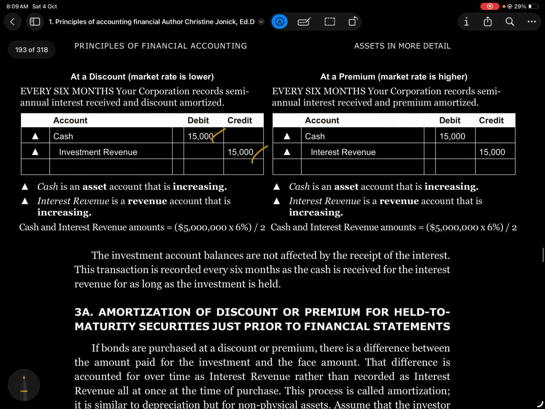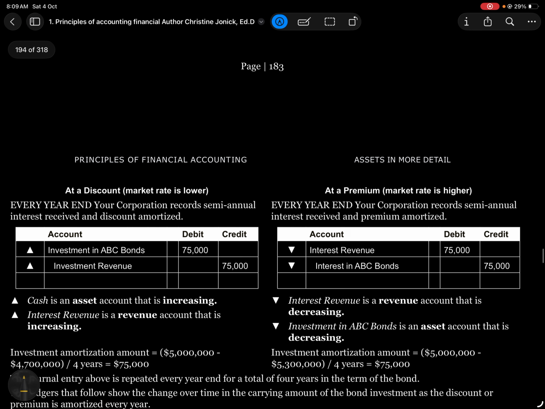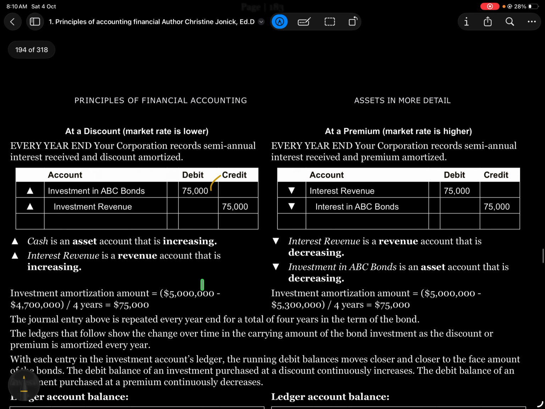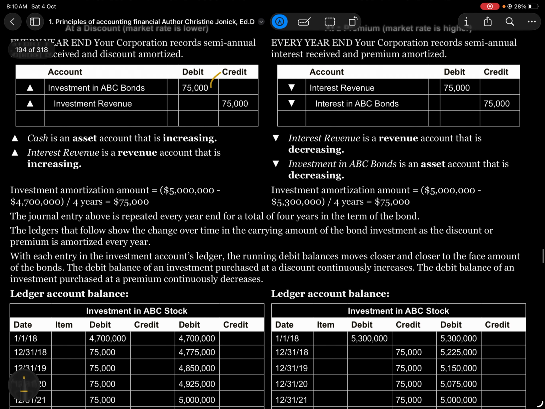When we amortize, we can simply debit investments and credit revenue. So that's your revenue coming in, and that's one side of things.